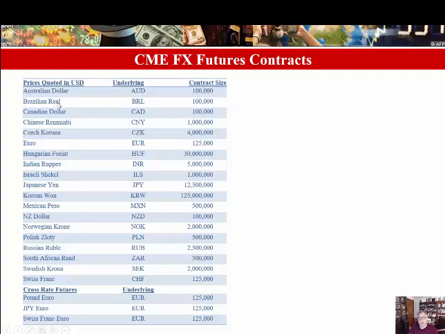Similarly, the Brazilian real contract is composed of 100,000 Brazilian reals. The Japanese yen contract typically is composed of 12.5 million Japanese yen. The euro contract is composed of 125,000 euros. The Mexican peso contract is composed of 500,000 Mexican pesos, and so on.